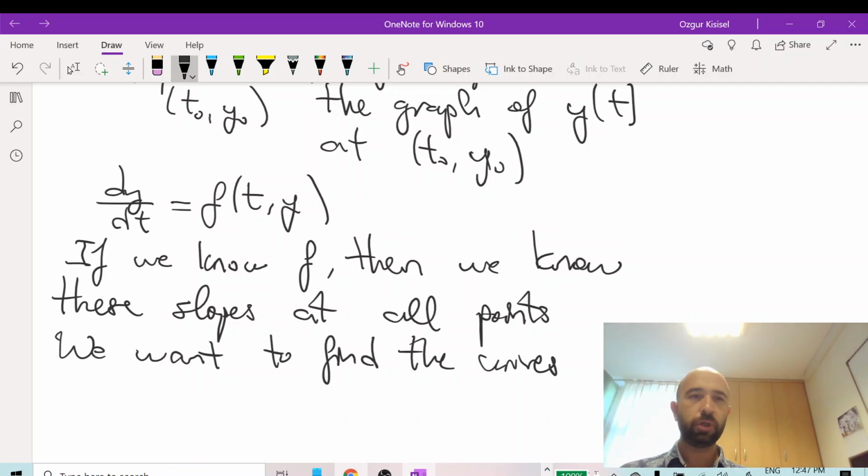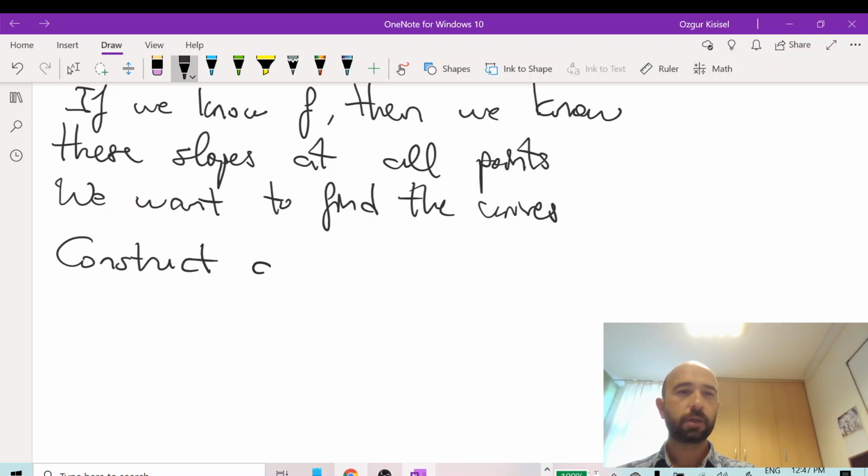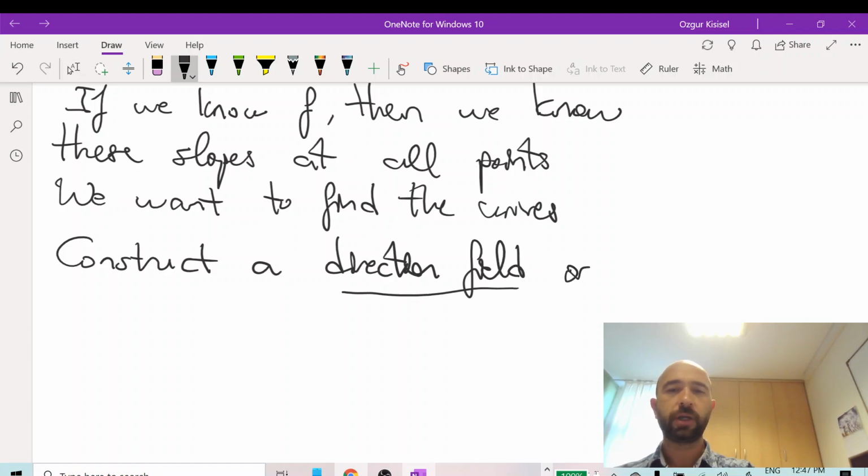Now, we could more or less visually do this to some extent. We could draw line segments with these slopes all over the plane, and then we could try to figure out which curves fit these slope lines so that these are really the tangent lines. So we construct a direction field, so-called, or another name is slope field.